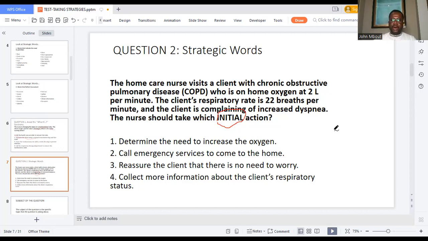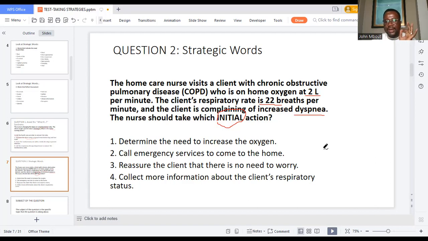Okay? Now, we have some objective data here. We know the respiratory rate, and we know that the client is on 2-liter oxygen. And our client is a patient with COPD. Dyspnea. Okay, let's look at the options. Option one says, determine the need to increase the oxygen.